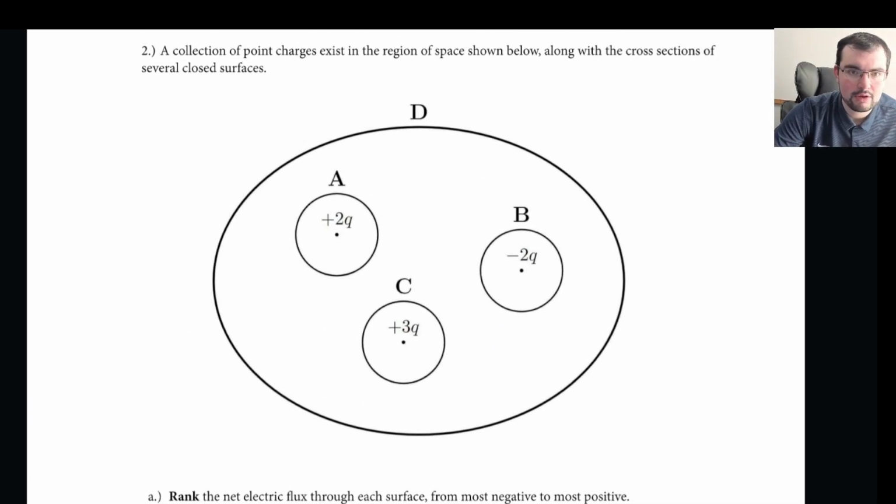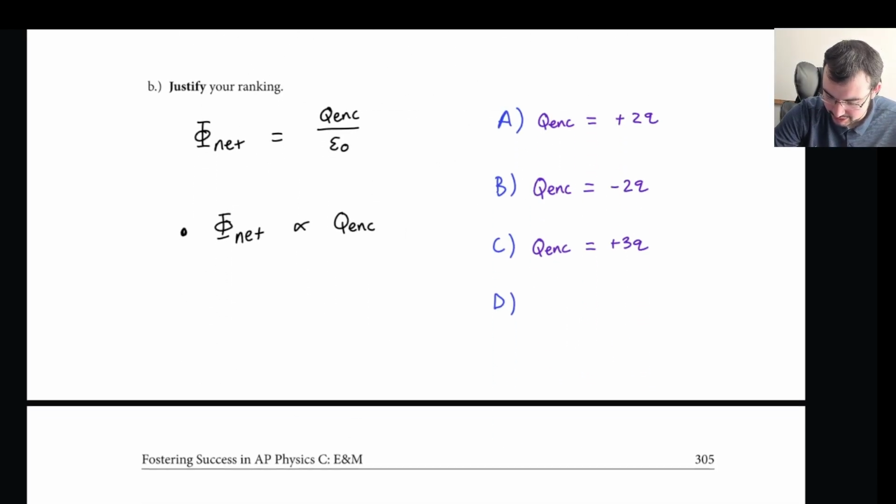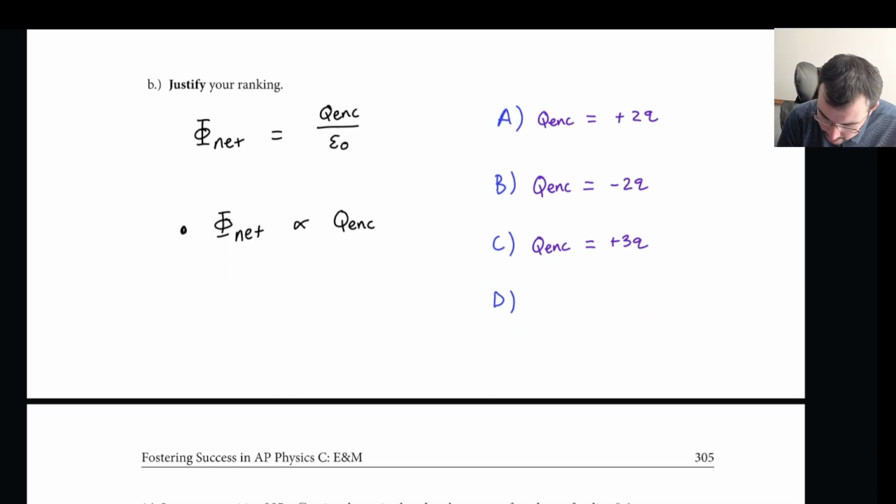And then D encloses everybody. So we actually have to do some math here, but we can see that in case D, it encloses A, B, and C, the charges inside those surfaces. A and B have the same charge but opposite sign, so those actually cancel. So for D, the enclosed charge is plus 2Q minus 2Q plus 3Q, which is equal to plus 3Q.